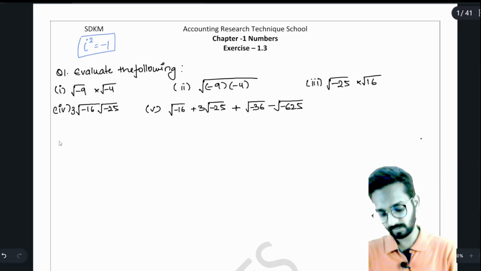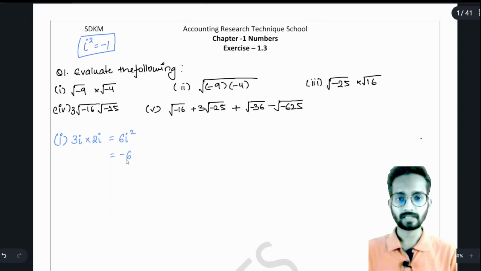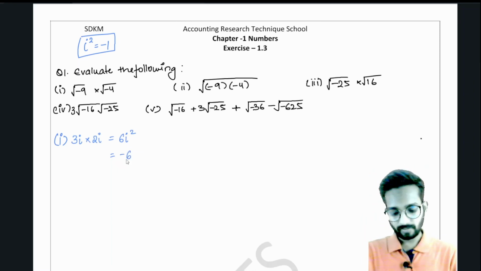Now how will we solve it? Root of negative 9 will become 3i, root of negative 4 will become 2i, and there is multiplication. So 3 2s are 6, 6i square, and you can write it as minus 6. This is how we will solve our first question.